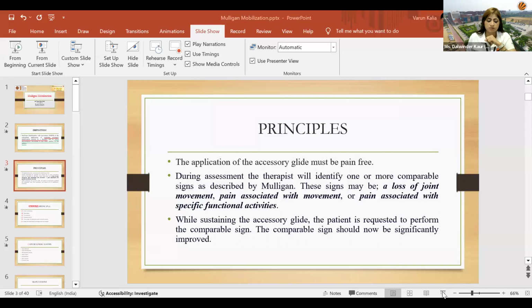There are so many participants with us. Kindly share your screen. Yes, the screen is visible. You can continue. Okay, thank you, ma'am.